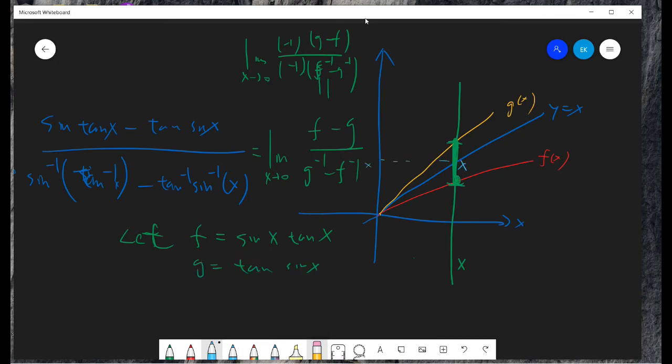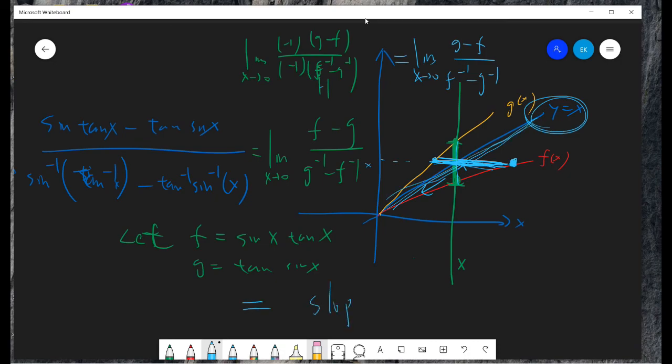So this point is f inverse, and this point is g inverse. So this clean blue distance is f inverse minus g inverse. Which tells us that when x goes very close to 0, this distance divided by this distance is just close to this line, just close to y equals x. So the answer is just the slope of y equals x. So the answer is 1.